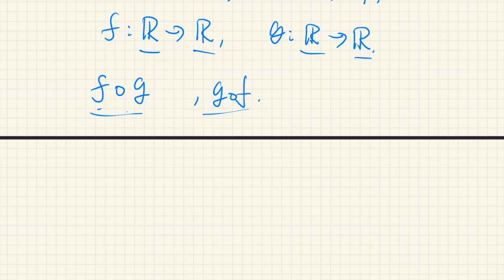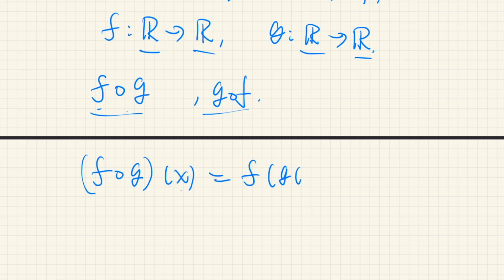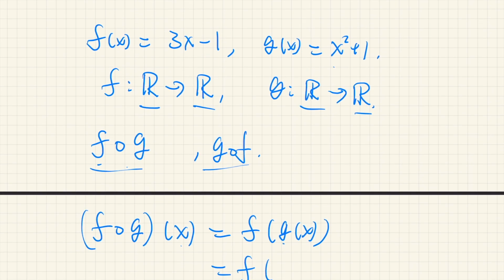First, let's consider f after g. Okay, so if we apply this composite function to some real number x, then this is defined as f of g of x. So if we apply g first, then that is x squared plus 1.